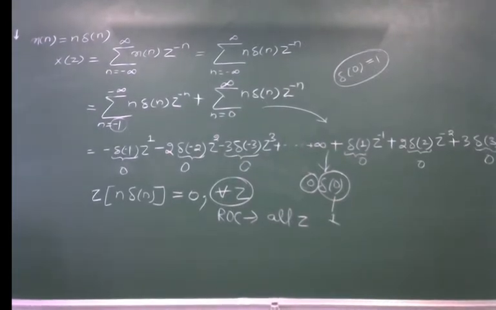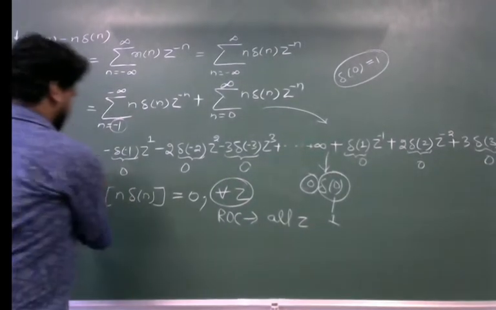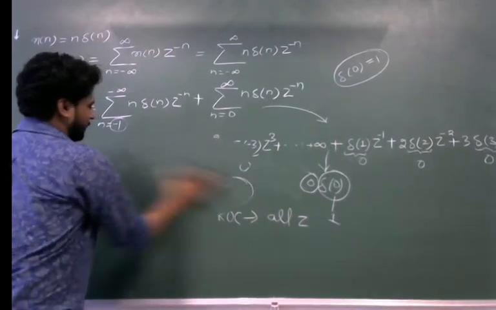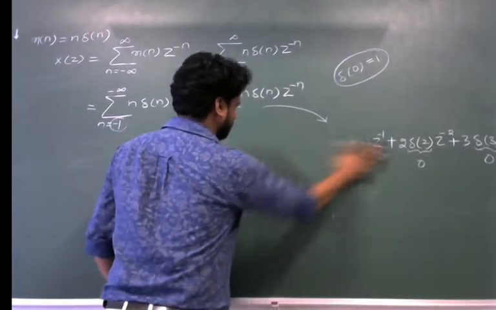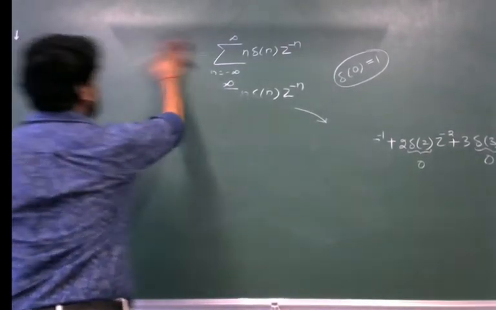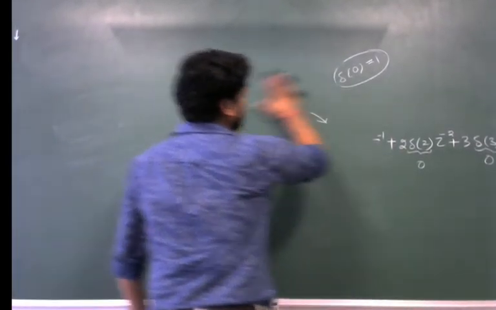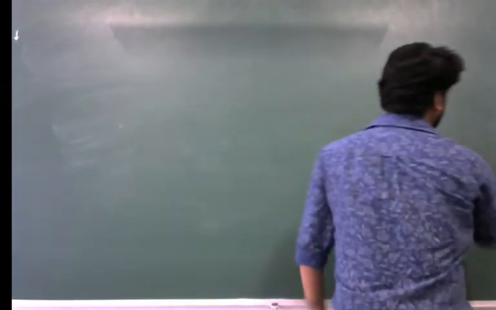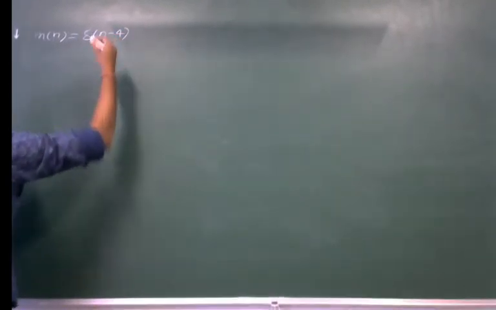Now consider another example in which x of n is given as delta n minus 4. The next example says that the sequence x of n is given as delta n minus 4.